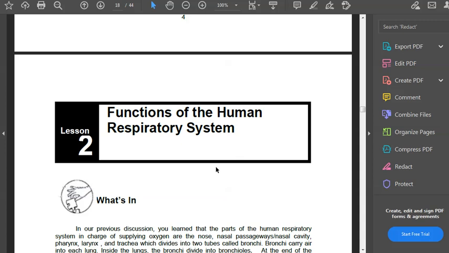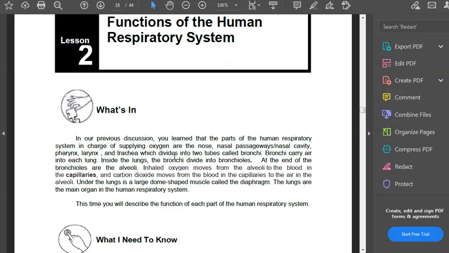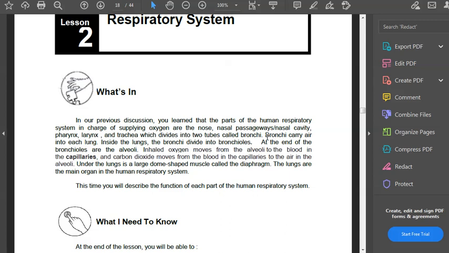The functions of the human respiratory system. So you have to read this. Here, you will find out that in charge of supplying oxygen are the nose, the nasal passageways or nasal cavity, the pharynx, larynx, and trachea.